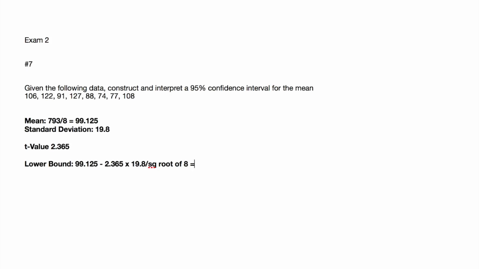This then should equal 82.5. And that is for your lower bound.